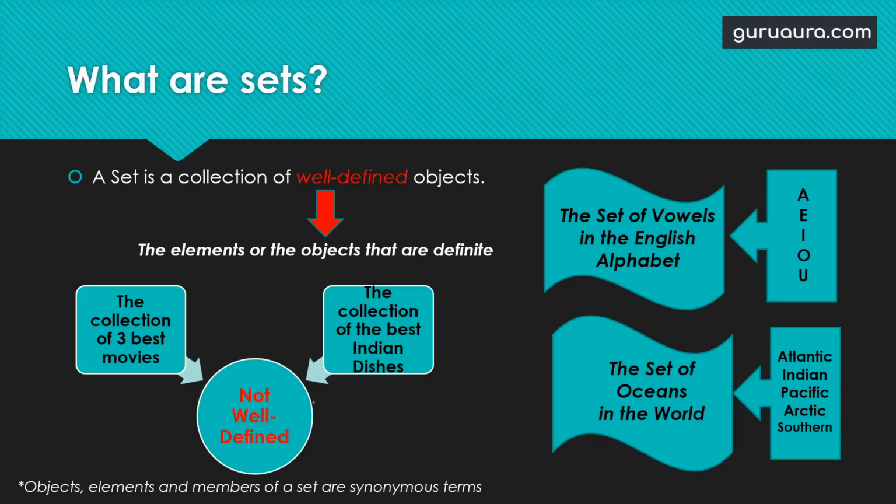Now let's talk about the elements which are not well defined. If I have to list the 3 best movies, it might not be the same as the movies you list as best. So, this is not a well-defined object. Taking another example to understand it better.